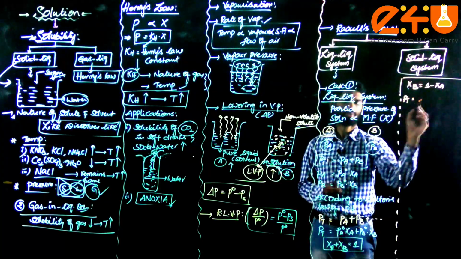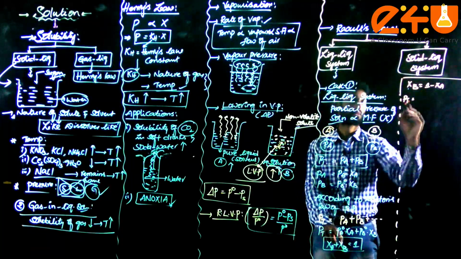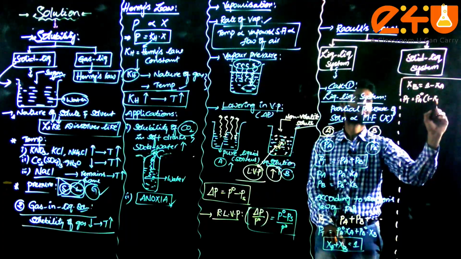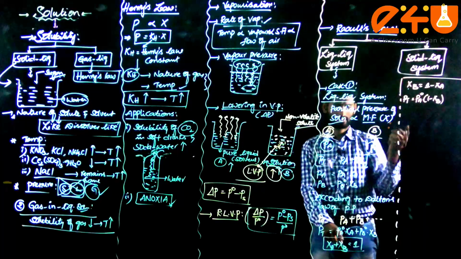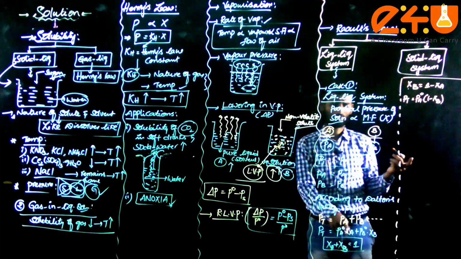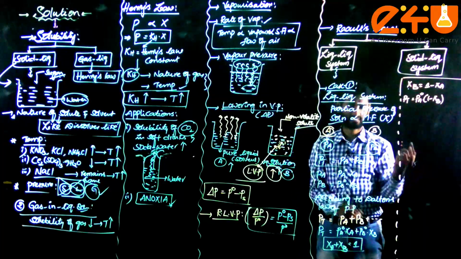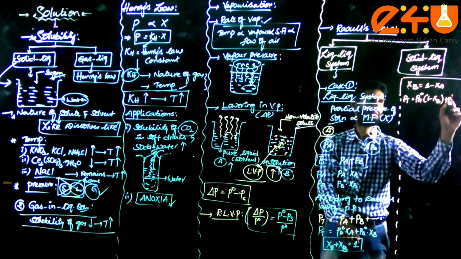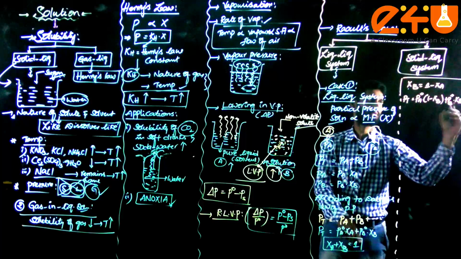Then the total pressure is equal to PA naught into (1 minus XB) plus PB naught into XB.